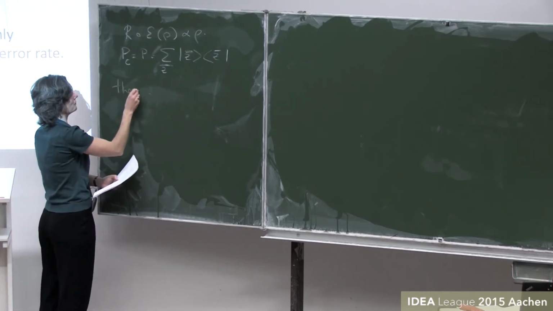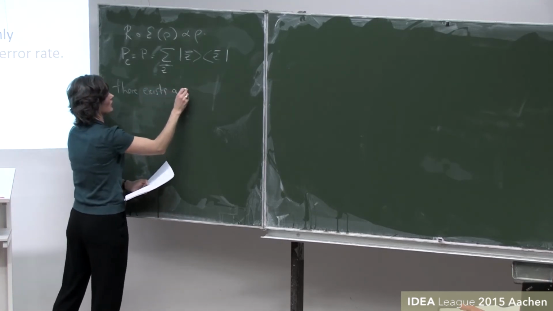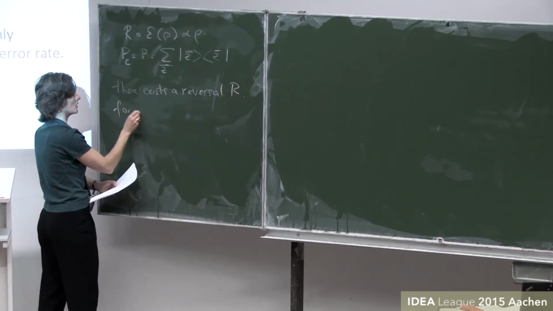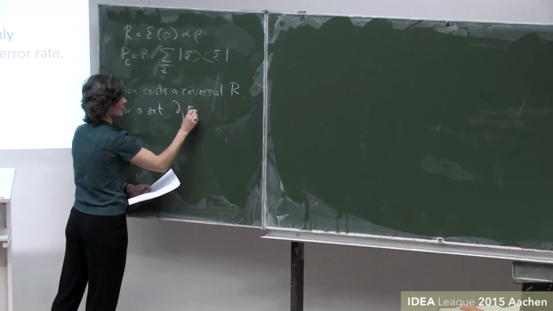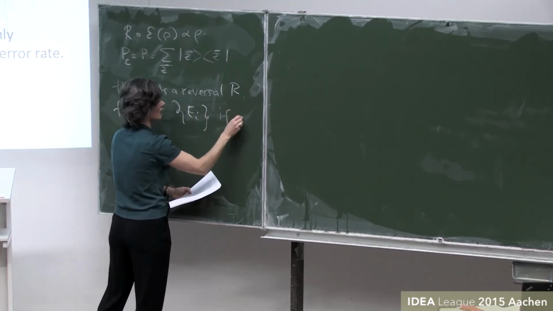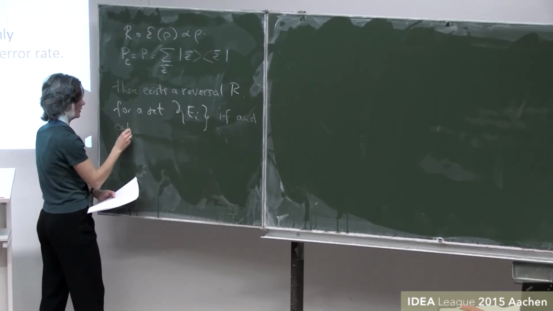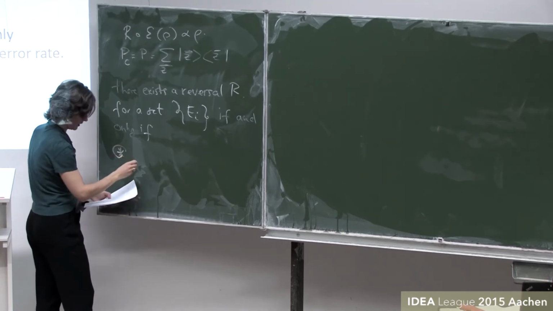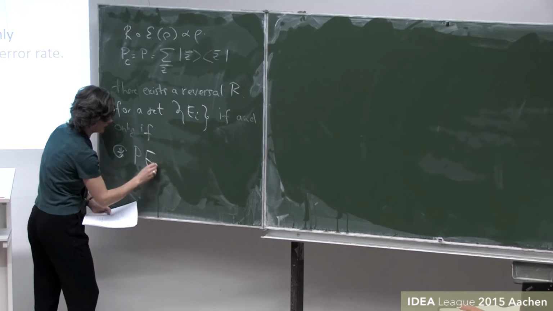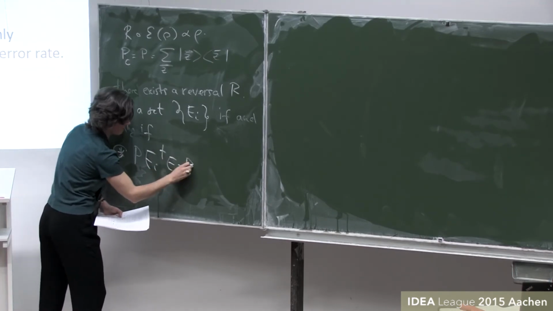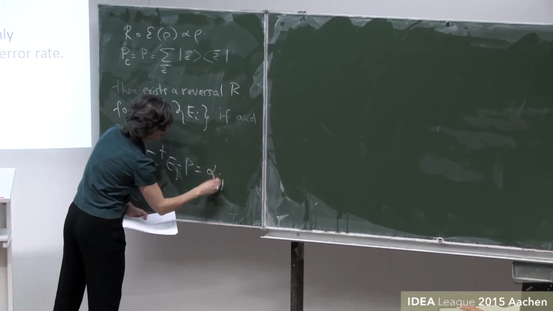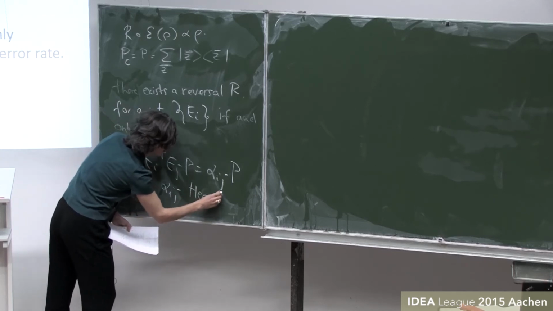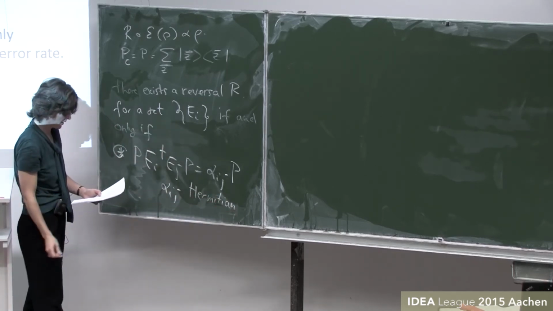There exists a reversal R for a set E_i if and only if this holds: P E_i dagger E_j P = alpha_ij P, where alpha_ij is a Hermitian matrix.